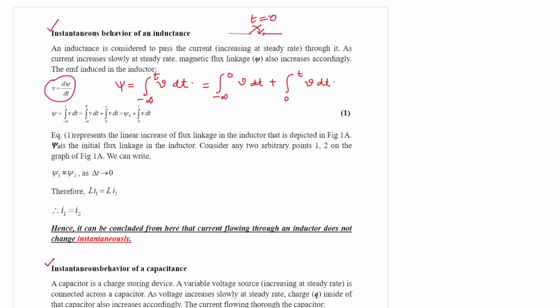That means we need to analyze the behavior of the network from the instant of switching, and we refer to that time as t equal to 0. Now integration V dt from minus infinity to 0 refers to negative time.